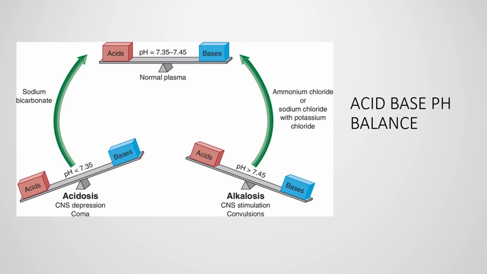That is not commonly done. I know we're going to talk about ammonium chloride a bit. It's rarely done because there's not a lot of conditions that produce alkalosis. Okay, so if you're going to understand one of them better than the other, it really should be acidosis. Okay, and we'll get to that.